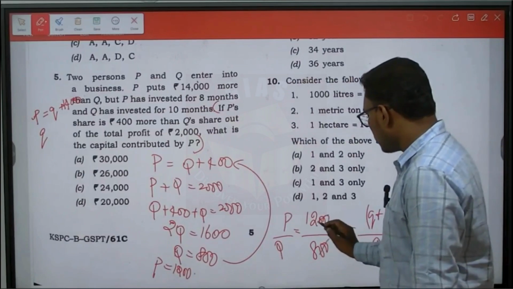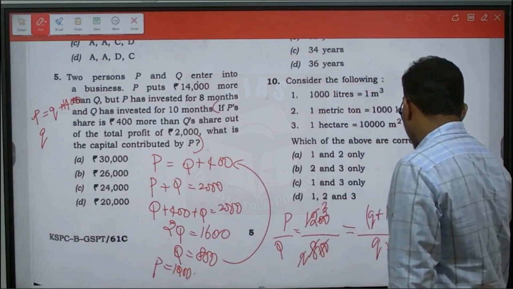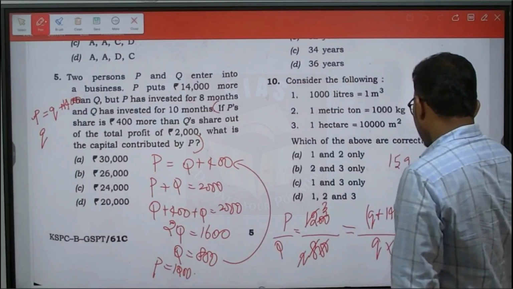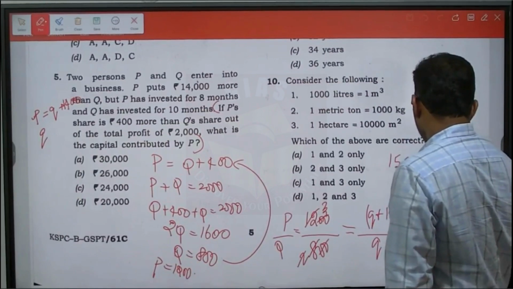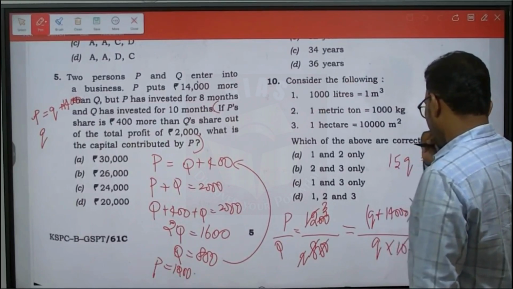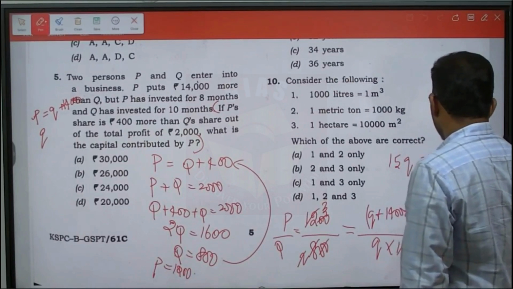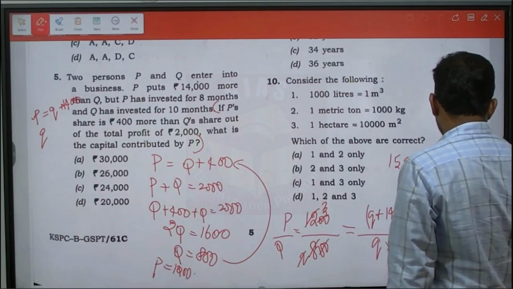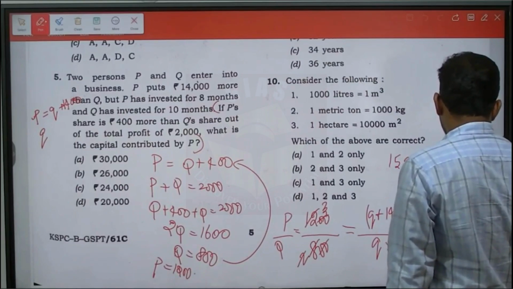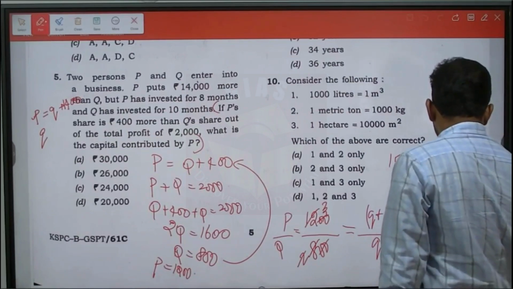So I have to cancel the zeros. 2, 3, 5. If you take it to the other side, 15Q is equal to 8Q plus 80 plus 32, which is 112,000. So 7Q is 112,000, and Q is 16,000.